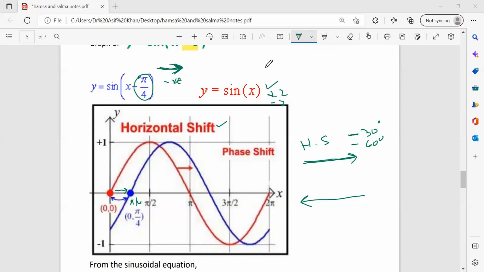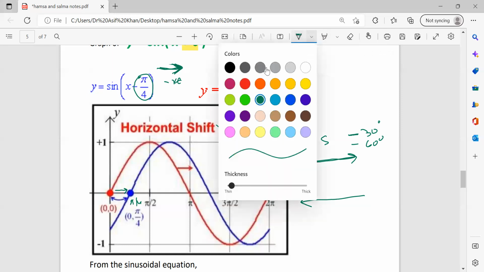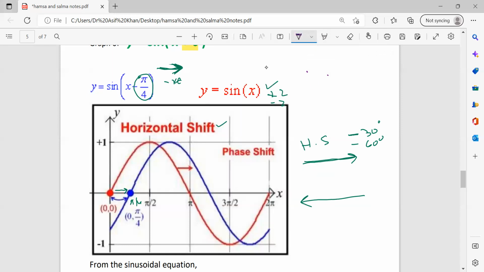Okay. So now, as I explained, whenever you have a question like this one, y is equal to sine x plus 30 degree.